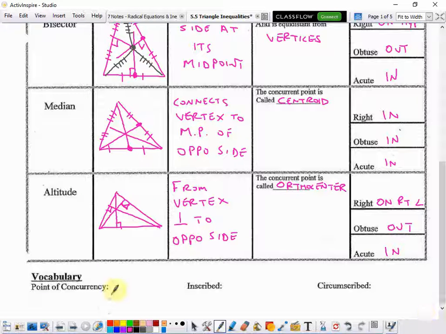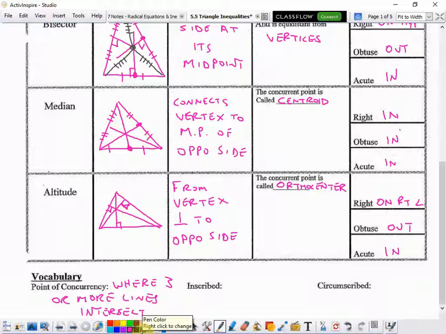Point of concurrency is where three or more lines intersect. Inscribed is something that is drawn inside of something.